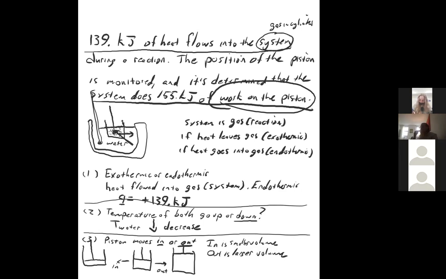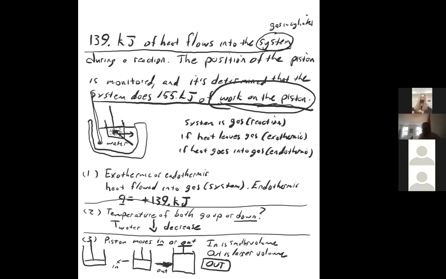So what that means is energy is going from the gas to the piston. So it's pushing the piston out. So if they say that the gas or the system or the reaction does work on the piston, what they mean is it's going out. Okay. So for this one, our answer would be out.